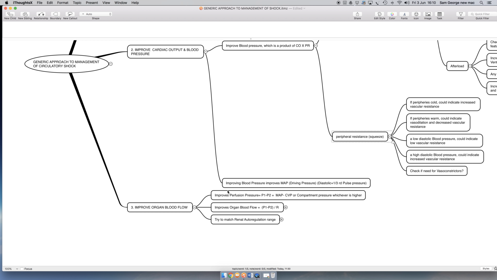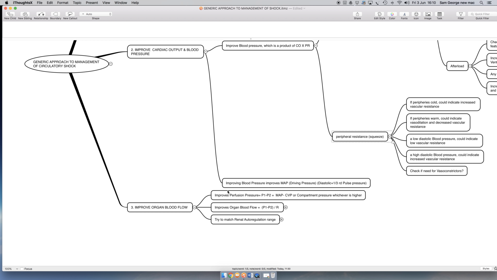Right, okay. Next, how do you improve the organ blood flow? The formula for organ blood flow is P1 minus P2, which is the perfusion pressure as mentioned above, divided by organ vascular resistance. Which means the more the resistance, the less the flow. Imagine if the organ vascular resistance, like brain edema, is significant enough, it will oppose the blood flow.